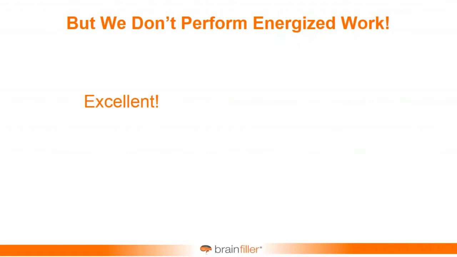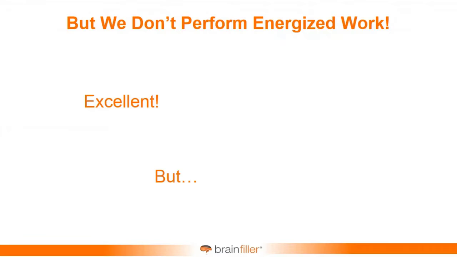So many people, when they start thinking about labeling, look at this as, well, we don't perform any energized work, so we don't need to do this. If you don't perform any energized work, that is excellent. You'll get gold stars from OSHA and from NFPA 70E, because that's the focus: eliminate the hazard.